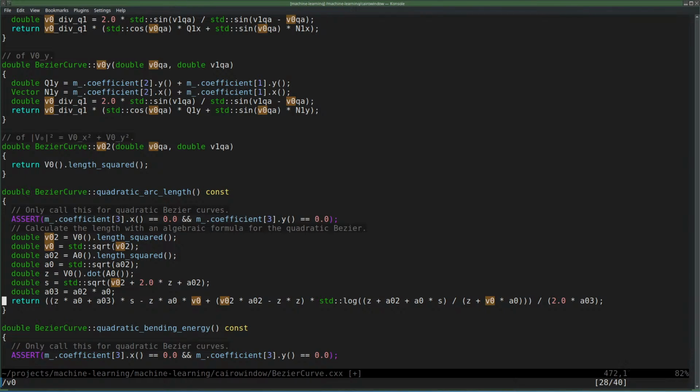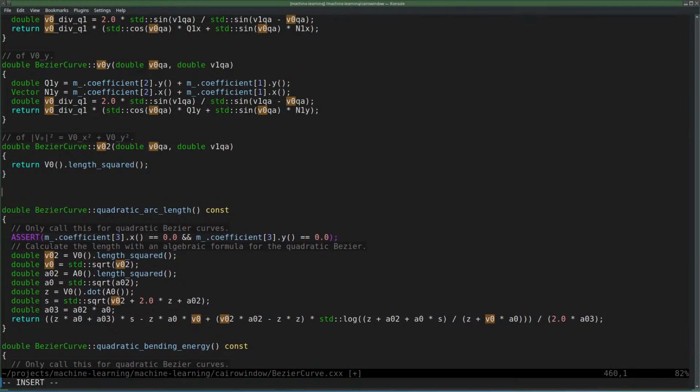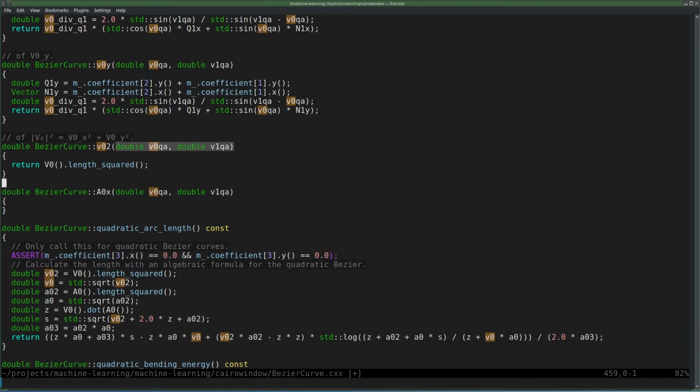So I do want to have an a0, but I want to see how that formula looks expressed as v0 and constants, so like p0 and p1. So I need a Bezier curve a0x. It's not really a function anymore of those angles.